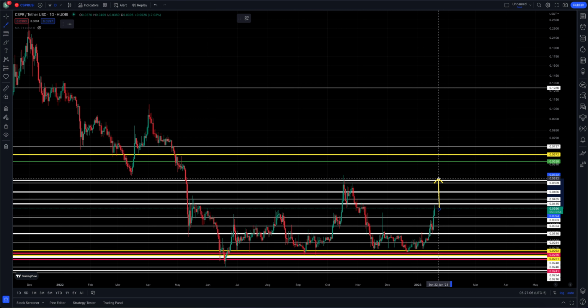Gets us up into this. I have levels up there. I have a 628, a 672, a 727, these lines up in here. But this high right here is a major milestone to break. And that is on the 17th of October. That high is 0.0550. 550 is that high.